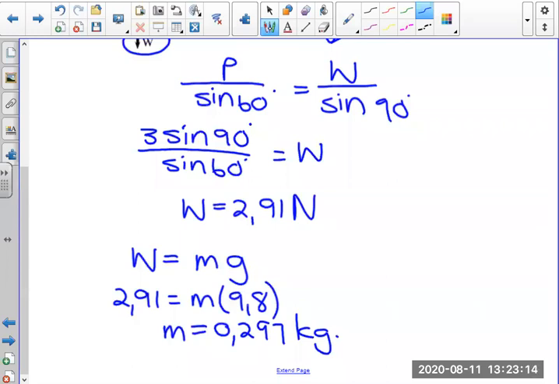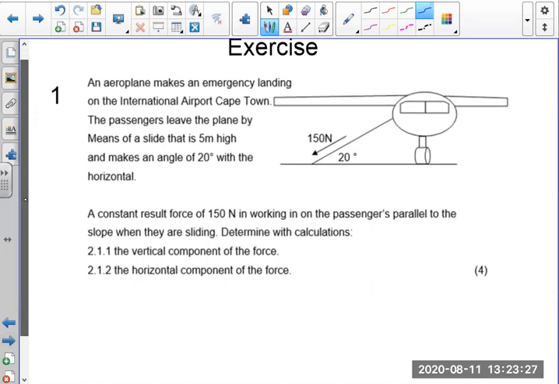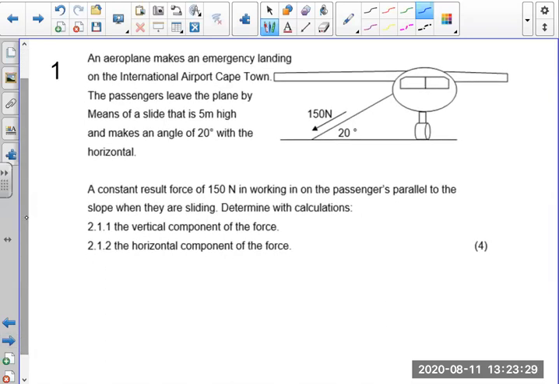Now what I have is an exercise. And this exercise is an old exam paper that I got from my resources. So let's quickly see how they're going to ask it. They say an aeroplane makes an emergency landing on an international airport, Cape Town. The passenger leaves the plane by means of a slide that is 5 meters high and makes an angle of 20 degrees with the horizontal.